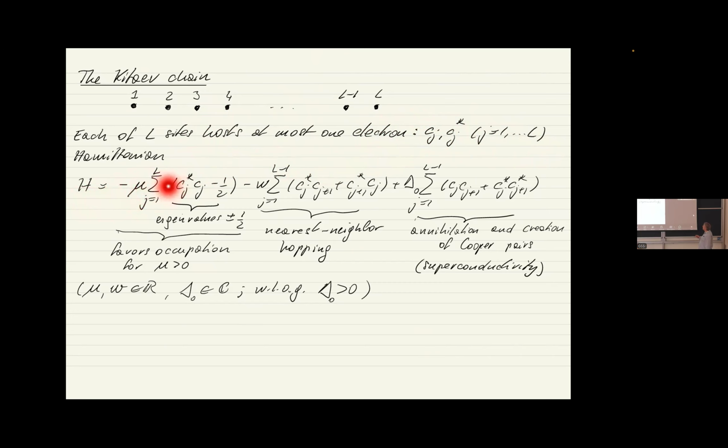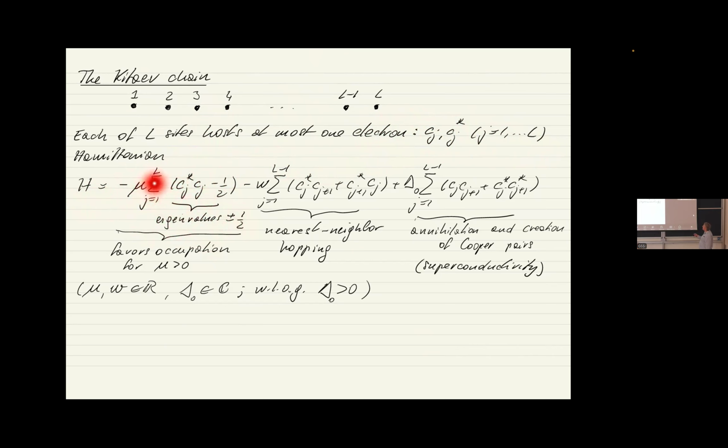I'm commenting on each term one by one. This is known as the number operator. It counts the particle numbers: on the vacuum it's zero, but if there is one particle already at site j it's 1. So the eigenvalues of this round bracket are plus and minus 1.